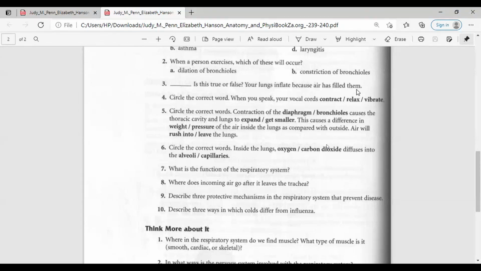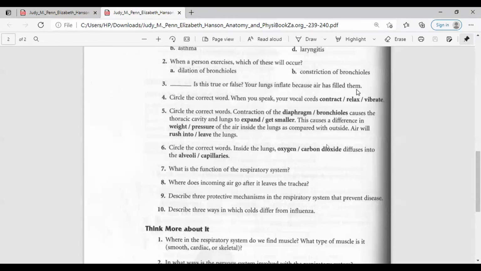Okay, so can you choose the correct word for number 4 for me? When you speak, your vocal cords vibrate. Yes, very good. Your vocal cords vibrate, not contract or relax. Thank you. That's a quite easy question. Now, number 5, choose the correct words.